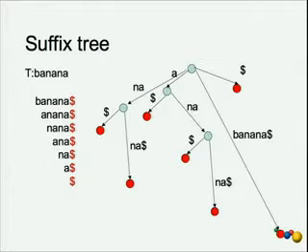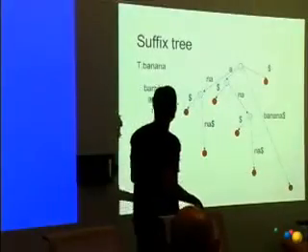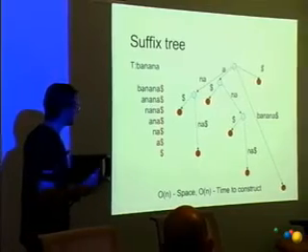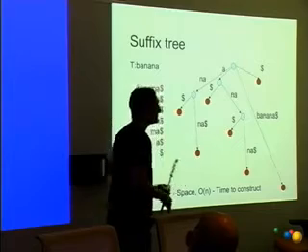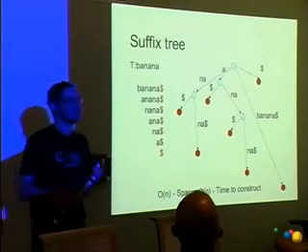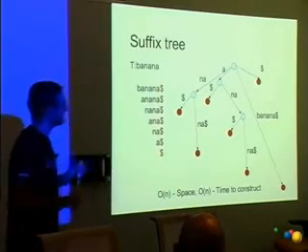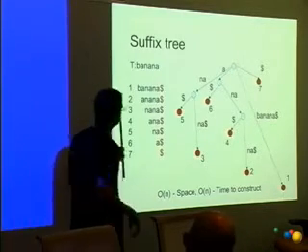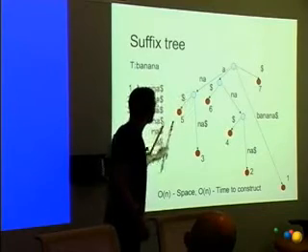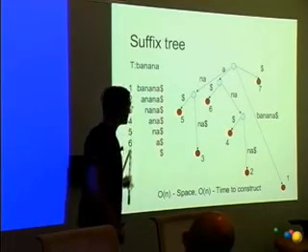Then we can compress it: when we add a long path which has only 1 child to each node, we can compress it into only 1 edge, and this tree will be of O(n) space, and there are several algorithms to construct it in O(n) time. Now, why did we do it? As you see, each red node here with the $ sign is one of the suffixes.